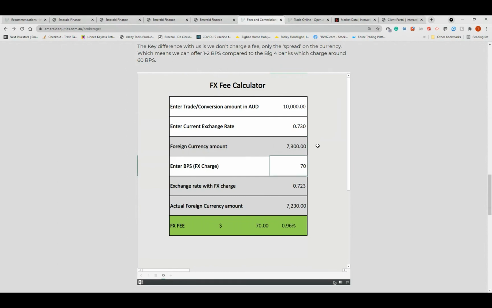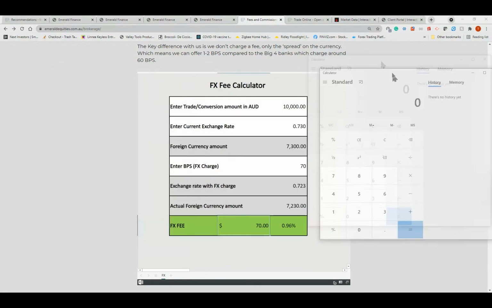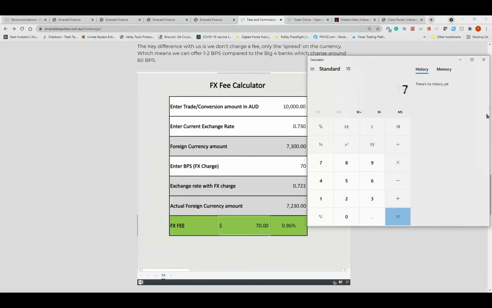That converts to 7,300, but they're charging their 70 bips, which means you're actually only getting 7,230 because they're going to take $70. Now $70, guys, on your first trade. Do the maths on that for a second. If you're only paying $2 with us, you can do 35 trades, guys, before you get to that $70.